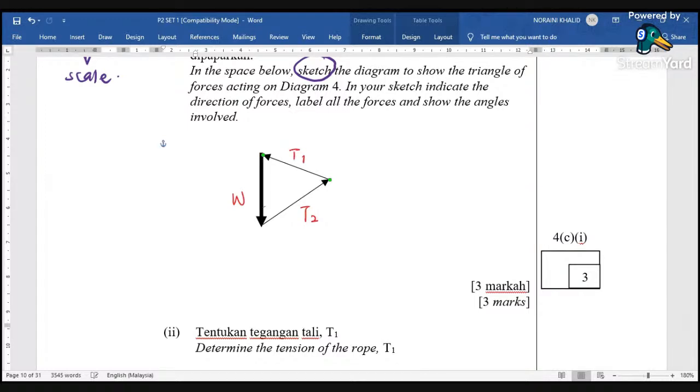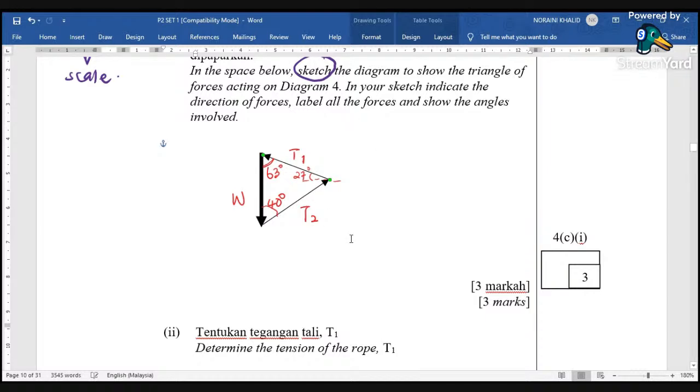The angle here, 40 degrees. 27 here. And then here is 63.